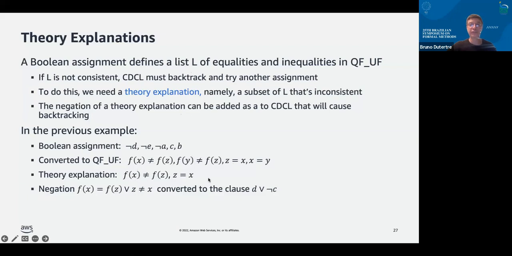And then when we negate this, we get f of x equals f of z, or z different from x, which, by the way we keep track of atoms, can be converted into a pure Boolean clause. So we know that D represents this, and we know that not C represents this. So now we have learned a clause like we did in CDCL, but instead of learning the clause from Boolean reasoning, we have learned the clause from theory reasoning. So that's the basic idea.